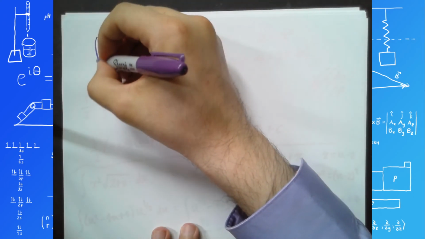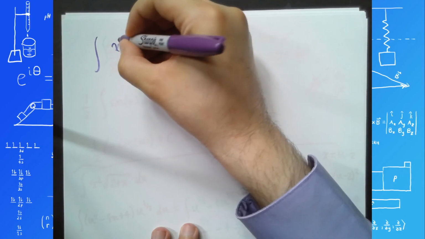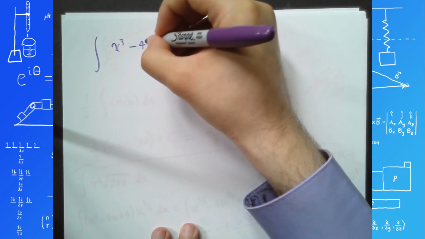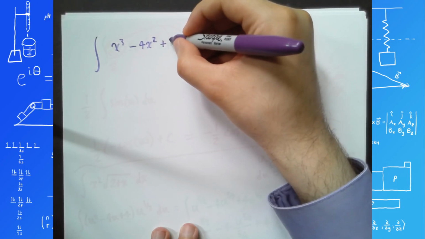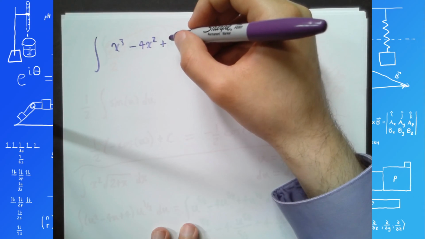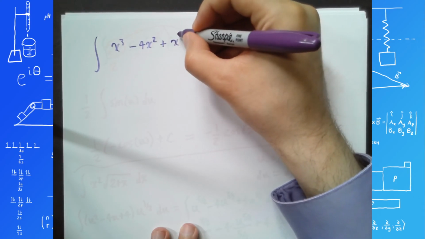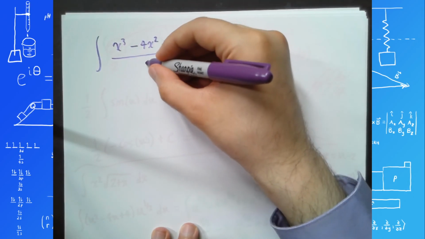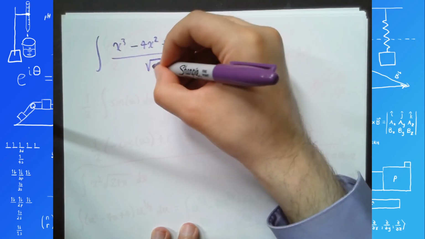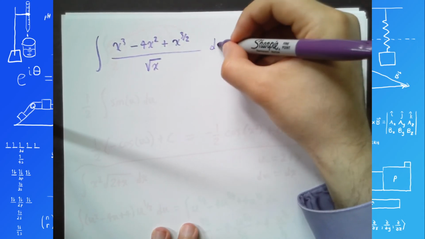Okay, say we had the integral of x cubed minus 4x squared plus, let's call it x to the 3/2, divided by the square root of x, dx.